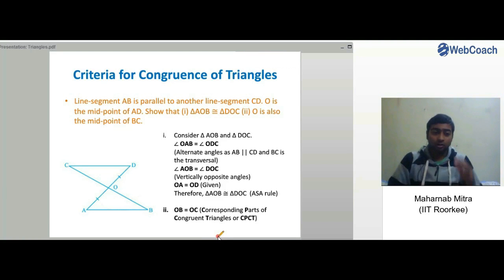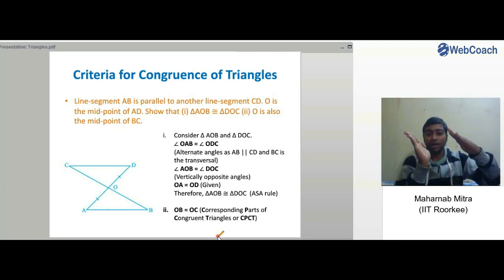So till now I think you've understood how to use the rules of congruency to get the result we want, right? If two triangles are congruent to each other, each and every part of them is equal to each other, right? Not all the parts are equal, only the corresponding parts, or the parts which are the same for both the triangles. If this side of the triangle has some length, then the corresponding side which is aligned in the same fashion must be of equal length, right?